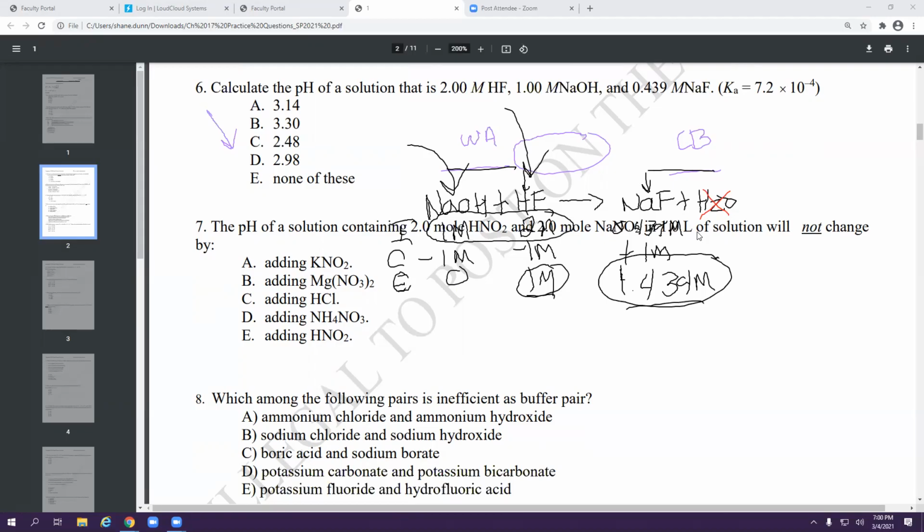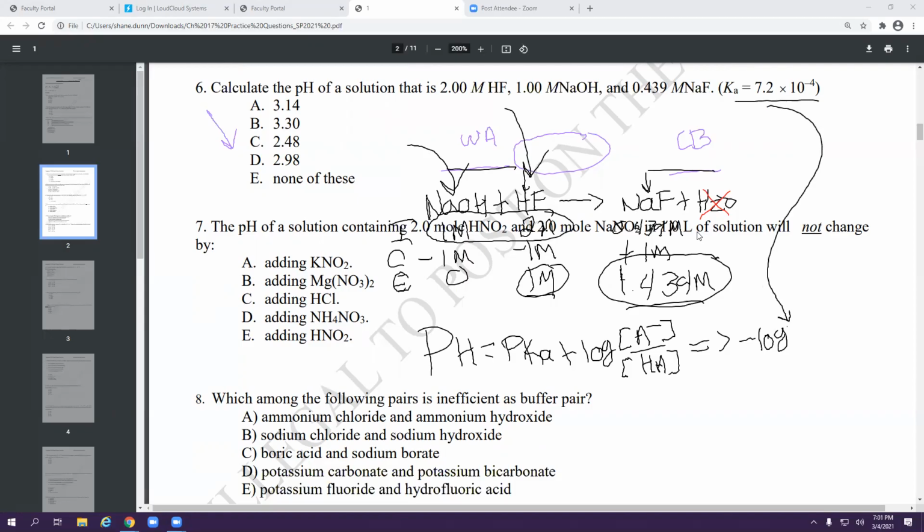Okay, I still have my weak acid and my conjugate base. I'm asked to find the pH of the solution. What equation do I use? Yep, use the Henderson-Hasselbalch equation. So pH is equal to pKa plus log of A minus over HA, the concentration of A minus over HA. So the pKa value, or the negative log of this Ka, bring that down here, right? I'll plug the value in because it's going to confuse students.